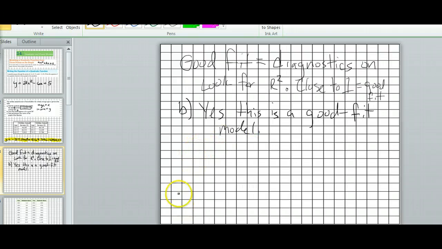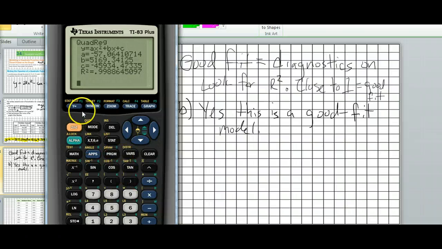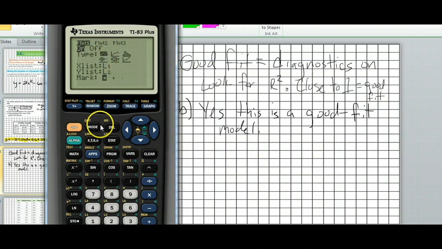Now just to illustrate what we mean by a good fit, we go into the stat plotter, so second y equals stat plot, like you're going to do a scatter plot, and we turn plot 1 on, the scatter plot, and we hit zoom. Remember, zoom 9 is where we get to see our scatter plot. It already looks like a quadratic almost perfectly.